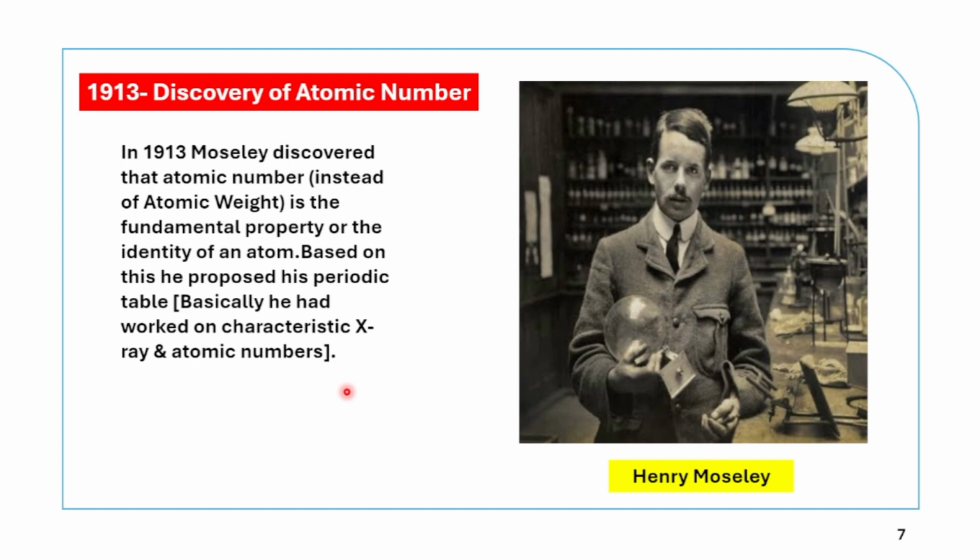But atomic weight is not the sole identity or inner property of an element. Actually, the atomic number is the main property of an atom. That's why Moseley discovered that atomic number is the fundamental property of an atom.